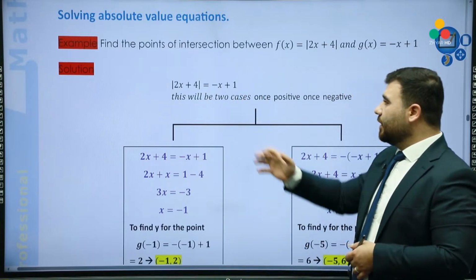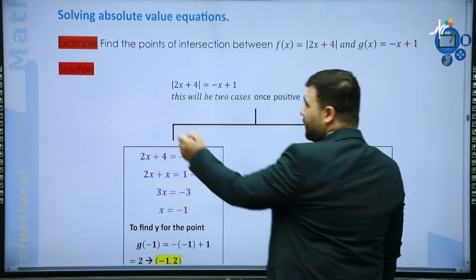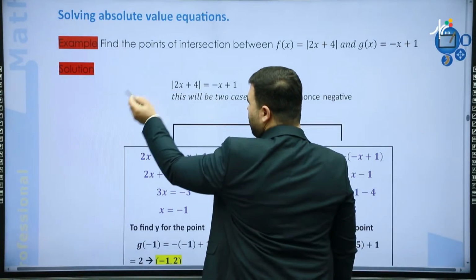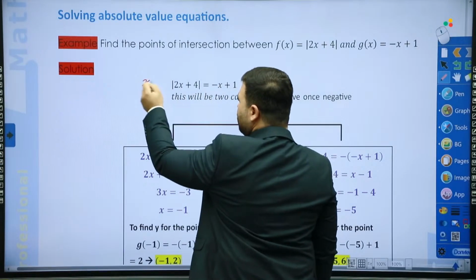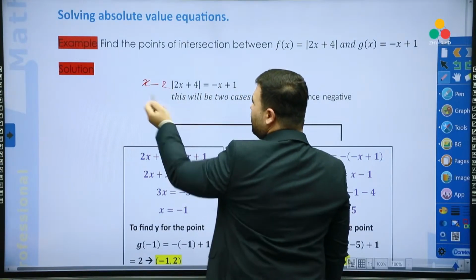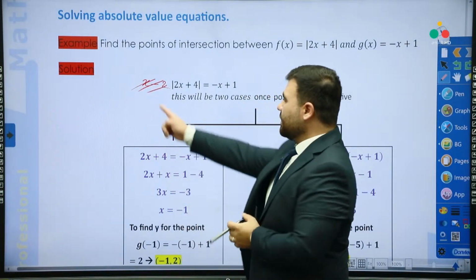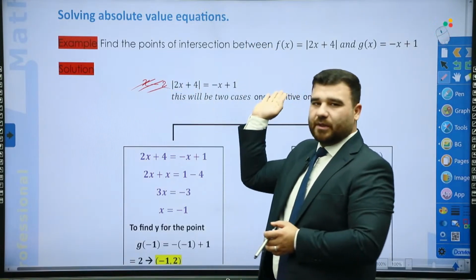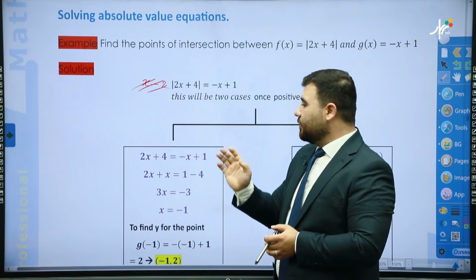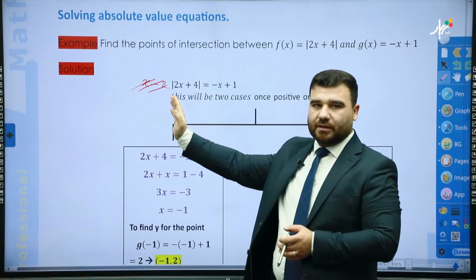Now, when you want to solve some absolute value problem, if there are numbers or other things like x, I should get rid of all of these. Like this, x goes to the other side, becomes -x, this -2, divide everything by -2. Why do I do this? To have the absolute value all alone on one side.